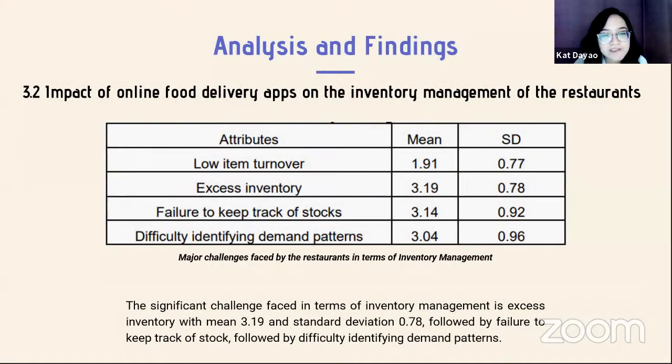This table shows that the significant challenge faced in terms of inventory management is excess inventory, with a mean of 3.19 and a standard deviation of 0.78, followed by failure to keep track of stock, followed by difficulty identifying demand patterns.